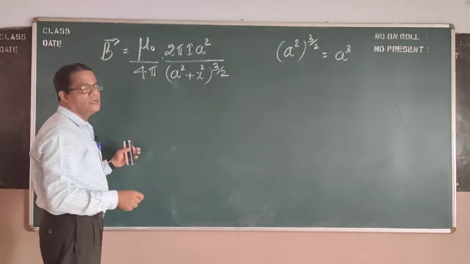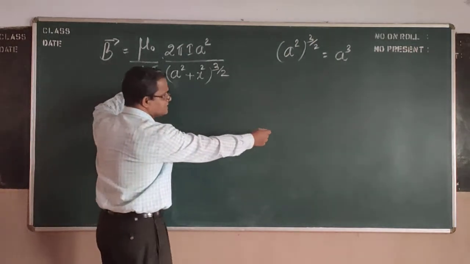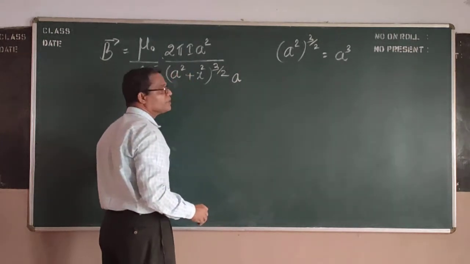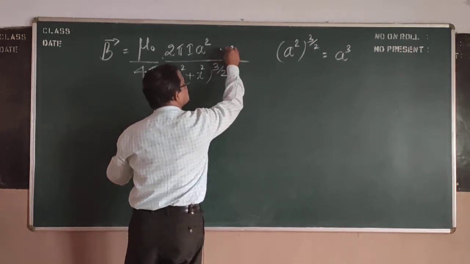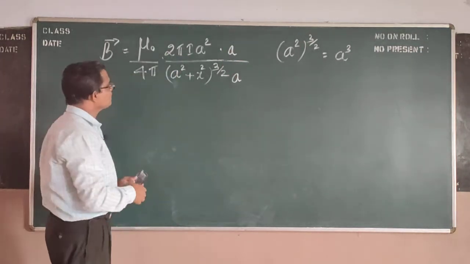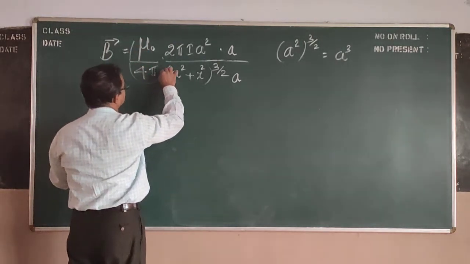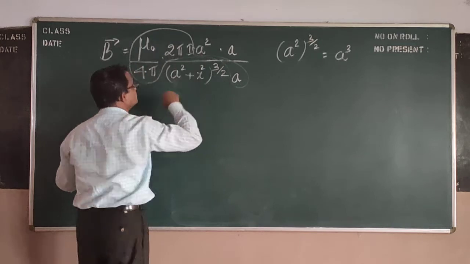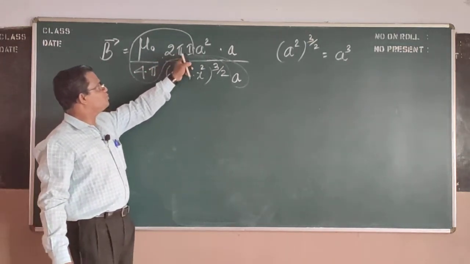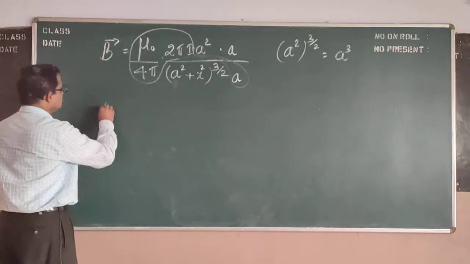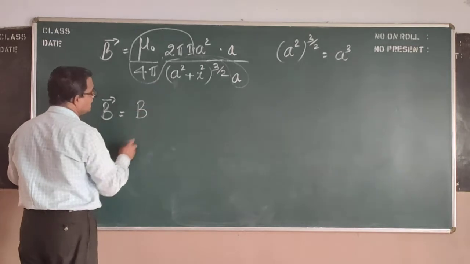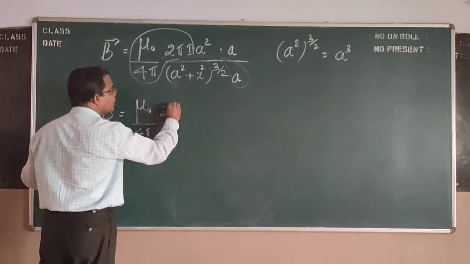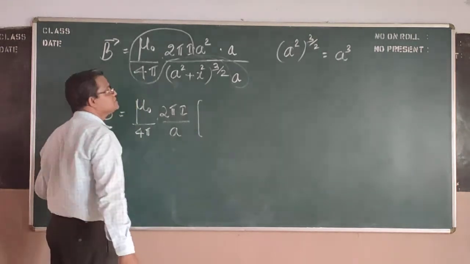If I take the quantity here, at the center, it is 2 pi I by A. So I take the denominator A, and here also I take A. Means I am multiplying and dividing this equation with A. Then mu 0 by 4 pi into 2 pi I divided by A, that will now be equal to B at the center, or let me write it for you, mu 0 by 4 pi into 2 pi I by A, and what remains?